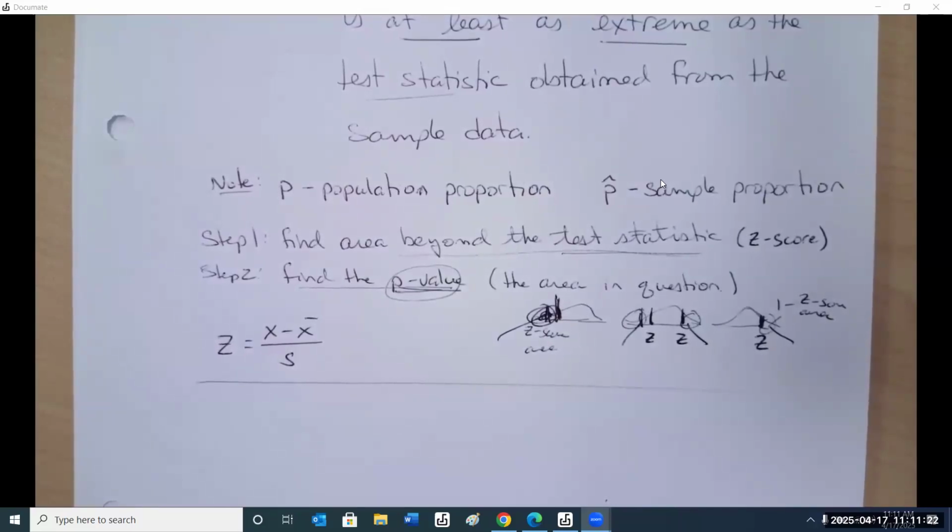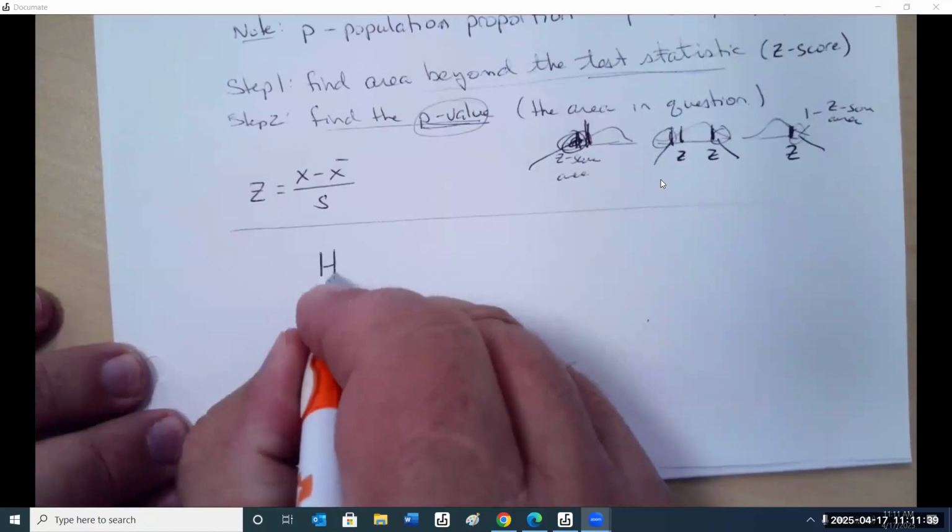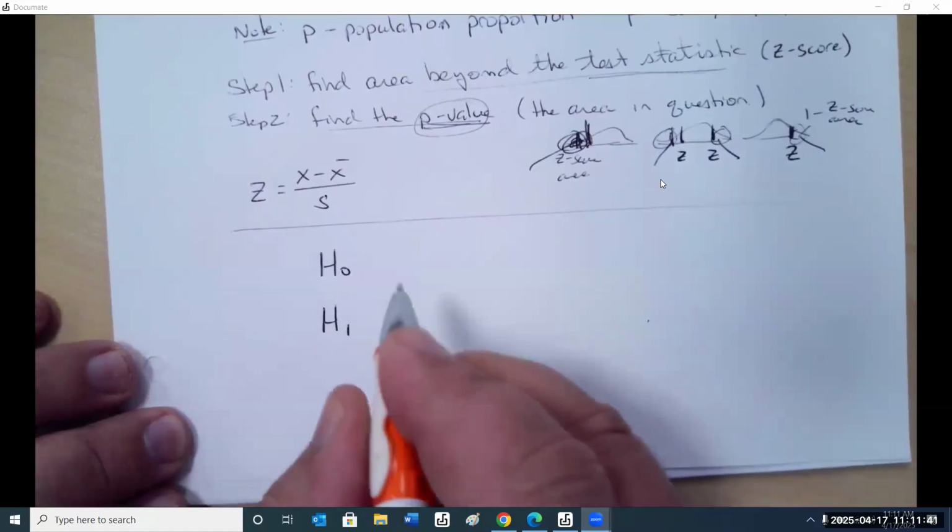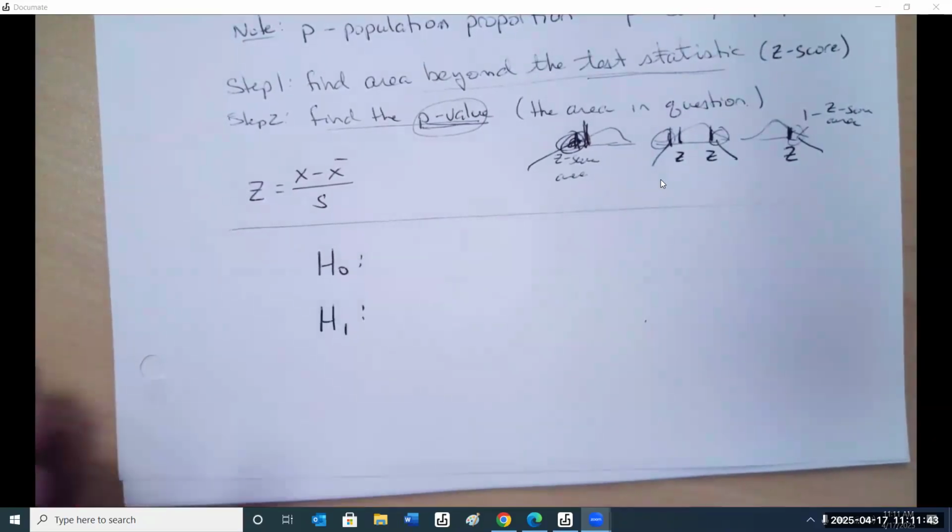Now that goes back, what is the null hypothesis? We talked about that last time. Remember, we have the null hypothesis as opposed to what's this one called? Alternative.